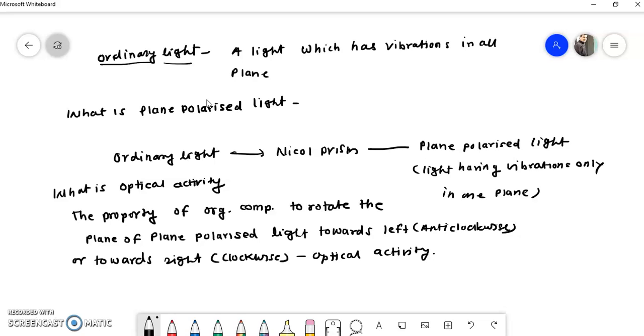This rotation of plane polarized light towards left or right is measured as specific rotation. You remember this.